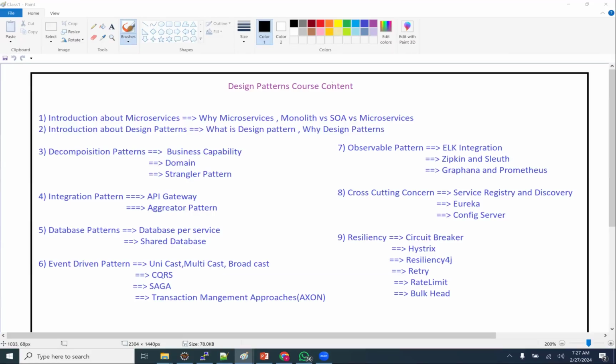Vishwanath, I already answered your question. On RabbitMQ from an event driven architecture point of view: unicasting, multicasting, broadcasting. RabbitMQ has an infrastructure for that; Kafka doesn't have that infrastructure.